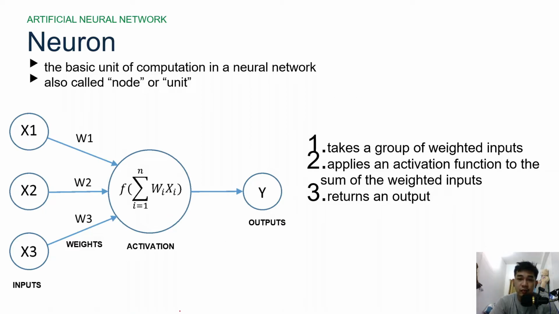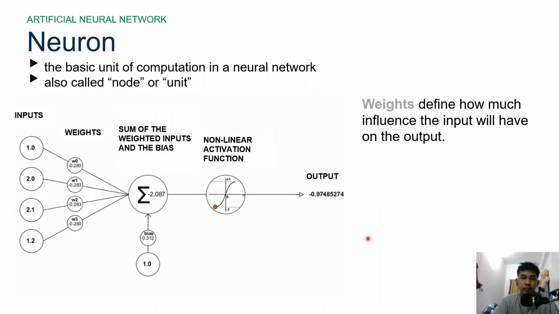So it takes a group of weighted inputs, applies an activation function to the sum of the weighted inputs, and returns the output. Ayun. The weights define how much influence the input will have on the output. Just like that.